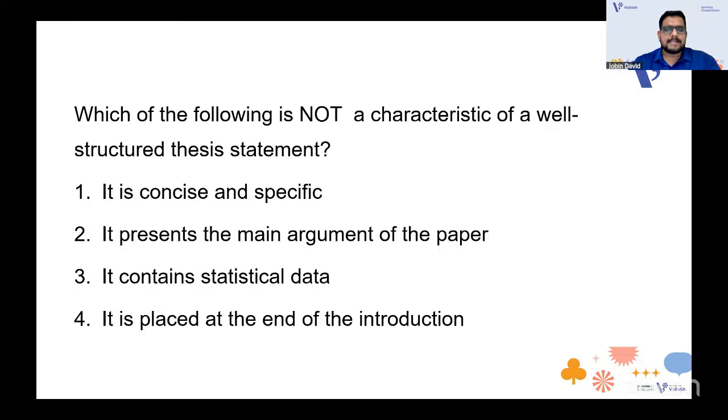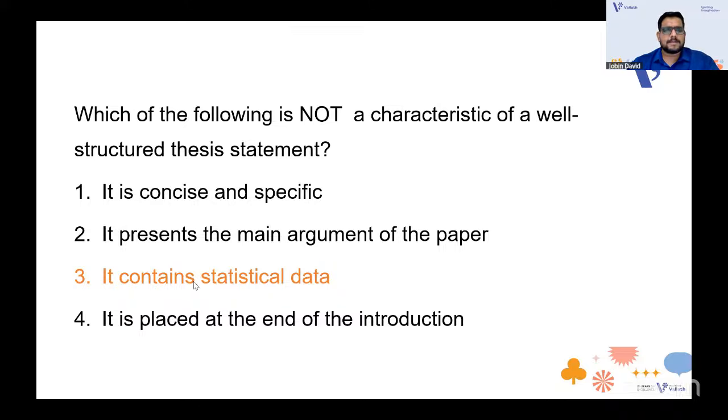Here everybody is saying it is placed at the end of the introduction. It is not the answer, obviously. It contains statistical data is not a characteristic. Obviously, a thesis statement won't have statistical data, because the statistical data comes after the analysis; before analyzing, we won't have it. And it is placed towards the end of the introduction part of the thesis or research, not at the beginning.